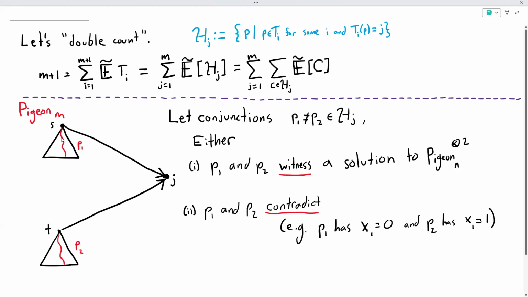So either these paths P1 and P2 find a solution to pigeon squared, or P1 and P2 contradict. And what do I mean by that? I mean that P1 will query some variable x1 in the pigeon squared instance and say that it's 0, and P2 will query that same variable and give it the opposite answer. So these two things can't happen at the same time. And what this would look like is pigeon S here would map to hole J, and whenever pigeon S does, pigeon T will map somewhere else, not to hole J.